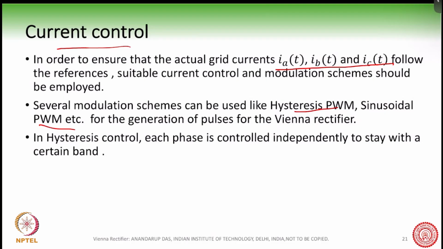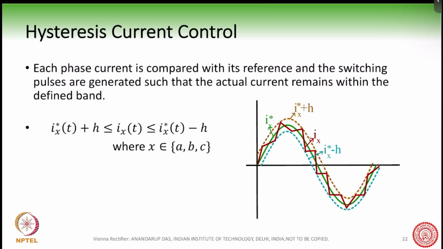Okay, what do you do in hysteresis? You control the current within two hysteresis bands. For example, this is the current Ix star. The star means the reference current, the green colored one, and Ix is the actual current.